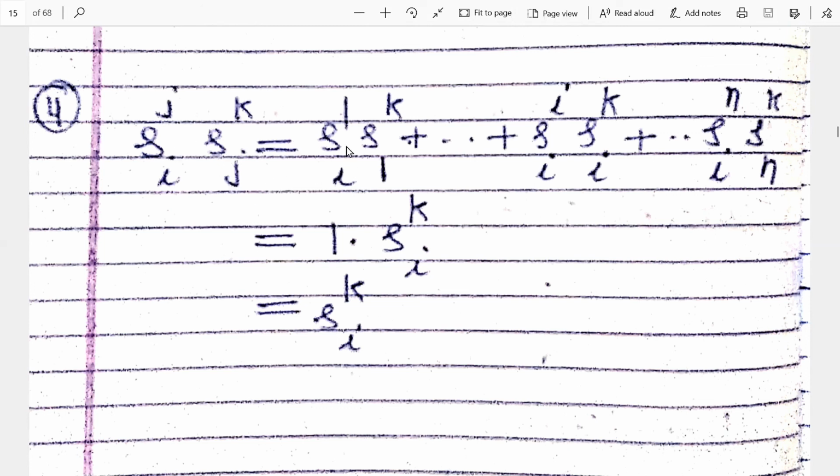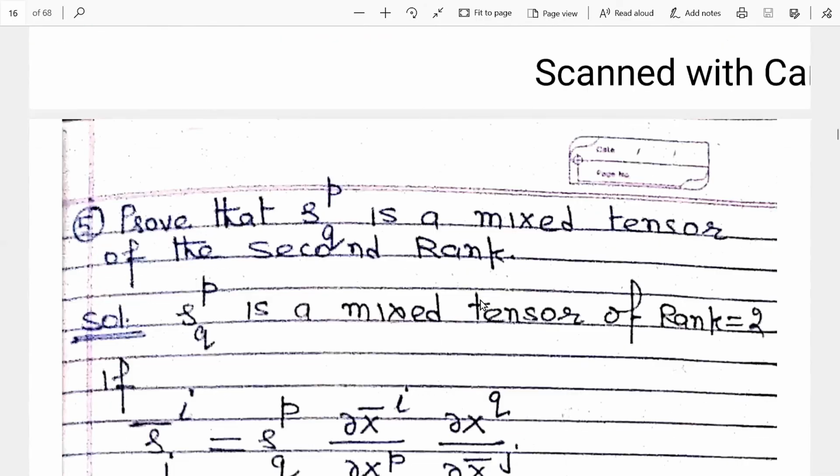If the running index is j, then we get 1 delta ii, delta ki, and so on. When it becomes ii, this will become 1. Otherwise, the other terms are 0. So this will be 1 times delta ki, which is equal to delta ki. So this is our property number 4.